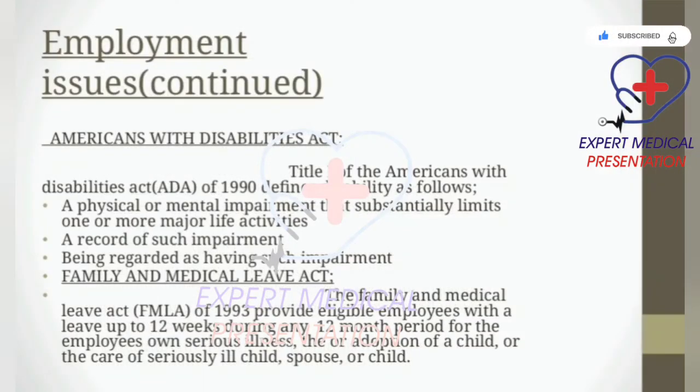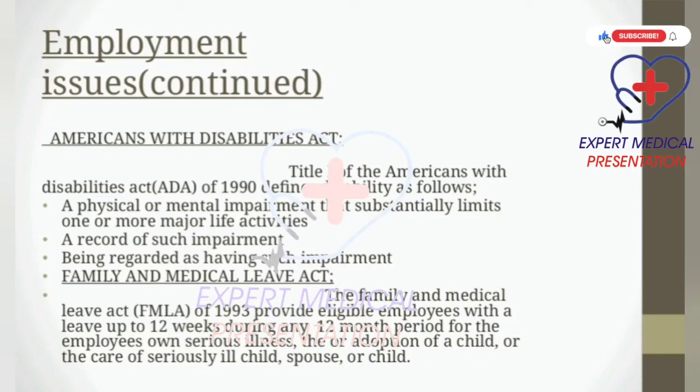Employment issues continued. Americans with Disabilities Act. Title I of the Americans with Disabilities Act of 1990 defines disability as follows. A physical or mental impairment that substantially limits one or more major life activities. A record of such impairment. Being regarded as having such impairment.